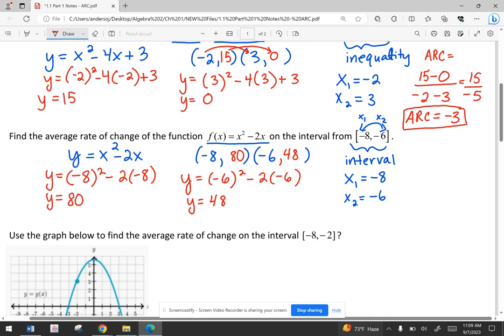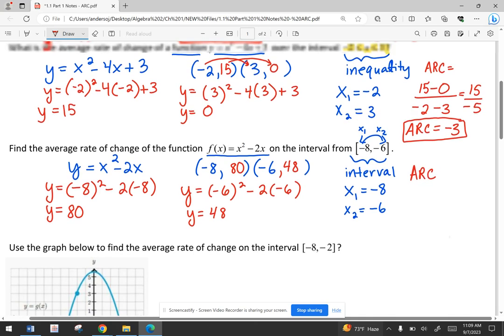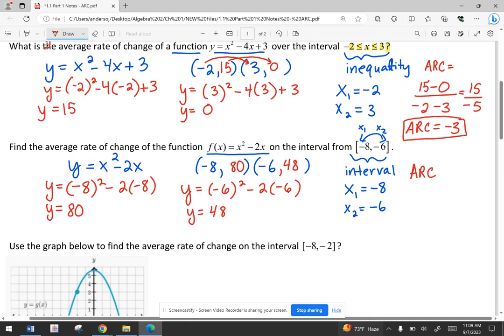All right, we're going to go ahead and come over here. Again, it doesn't matter which one. The last time I let the first point be number 2 and the second point be number 1. If you want to switch that up, you can. For example, you could say 48 minus 80 over negative 6 minus a negative 8. That's saying y2 minus y1 over x2 minus x1. So it's just a slightly different order.